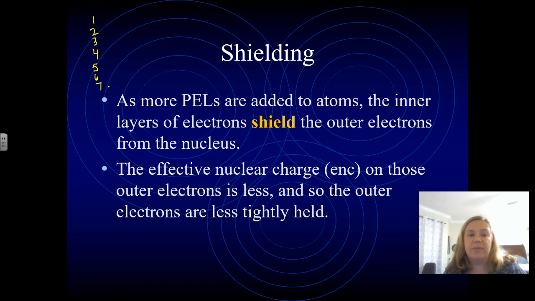So let's say I have an atom with electrons in the 7s. Well, these in here are shielding from the nucleus. Say I have the nucleus. These are shielding from the 7s electron. This 7s electron is very far from the nucleus. So therefore, the effective nuclear charge on the outer electrons is less. So those outer electrons are actually less tightly held.